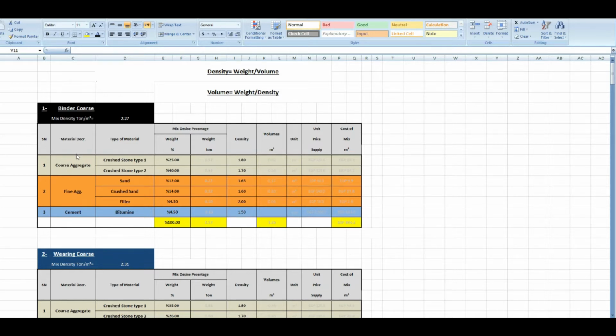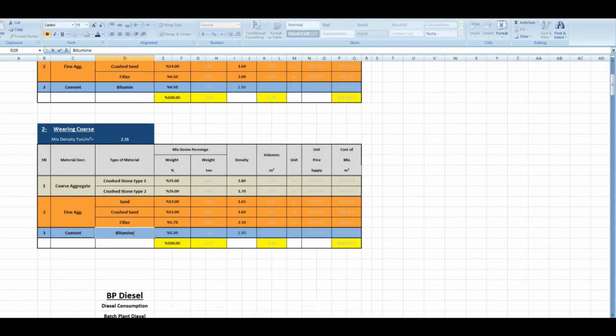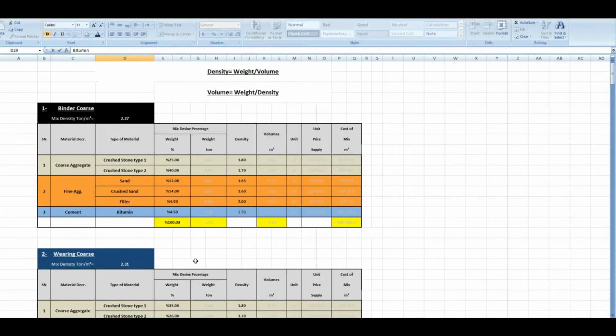Here is the material description, and of course this is a mix design material: coarse aggregate, fine aggregate, and cement. In this case, cement is bitumen. I think this should be eliminated, as well as here. Type of material, type 1, type 2, the crushed stone or coarse aggregate, fine aggregate sand, crushed sand, filler, and bitumen.